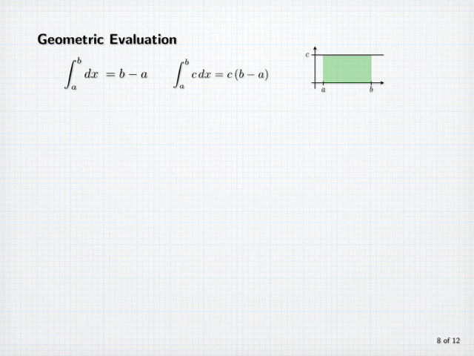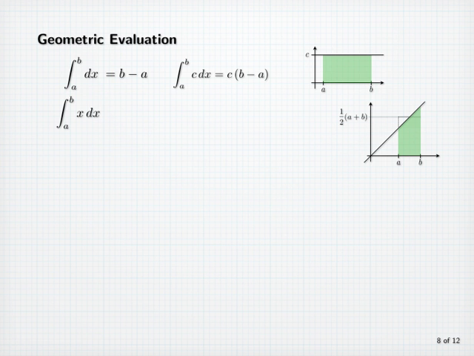Now let's consider the integral from a to b of the function f of x equals x. Here, the graph is a straight line through the origin. Assuming that a and b are positive, the region of interest lies above the x-axis and is in the shape of a trapezoid. The simplest way to determine the area of a trapezoid is to think of the average height of the trapezoid.